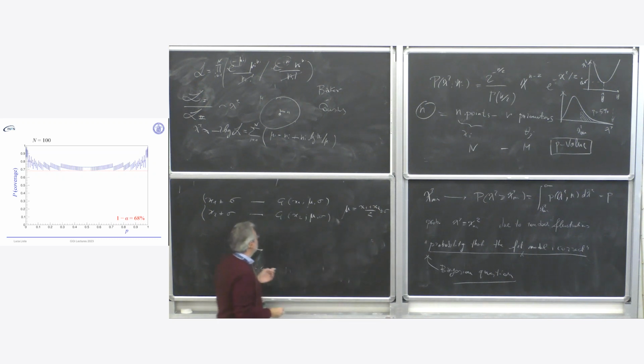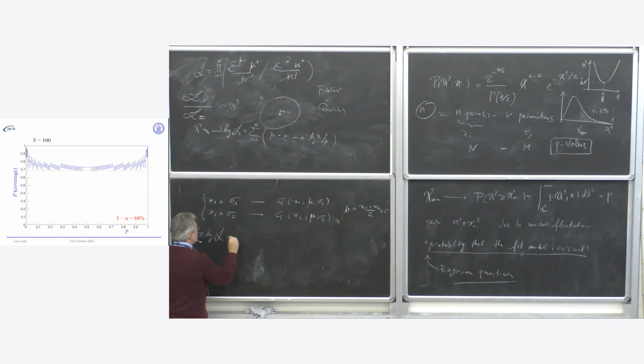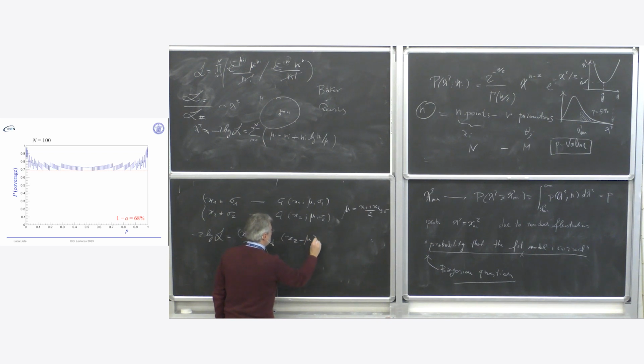If we do the same with different uncertainties, imagine we have sigma 1 and sigma 2, the chi-square you have to minimize, basically minus 2 logarithm of the likelihood function, is just the chi-square, which we can write as ((x1 minus mu) divided by sigma 1) squared plus ((x2 minus mu) divided by sigma 2) squared. Okay?